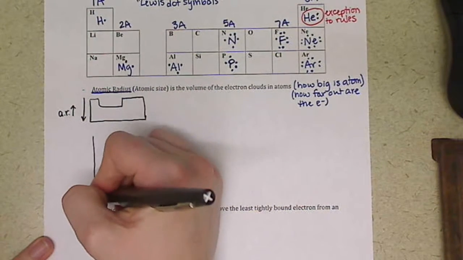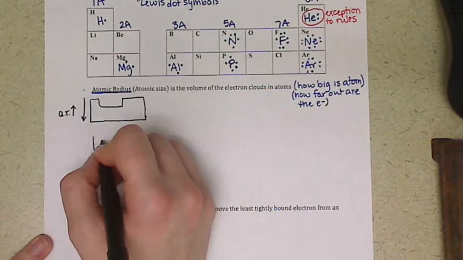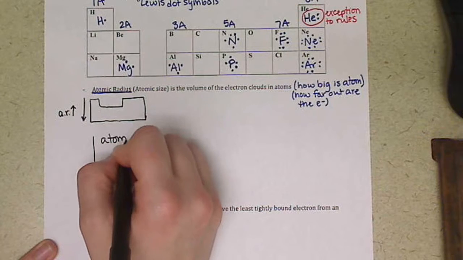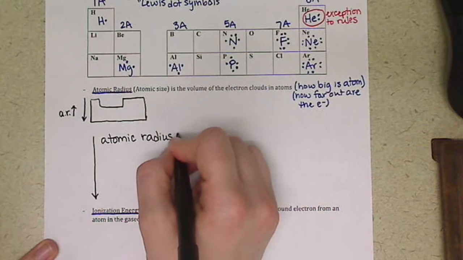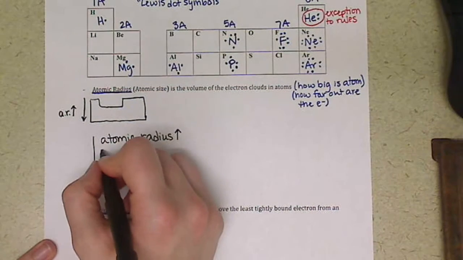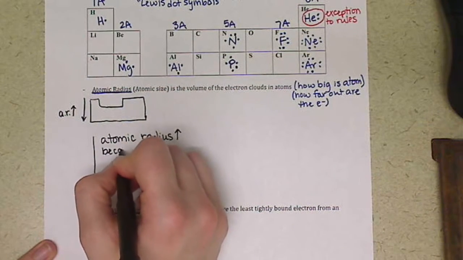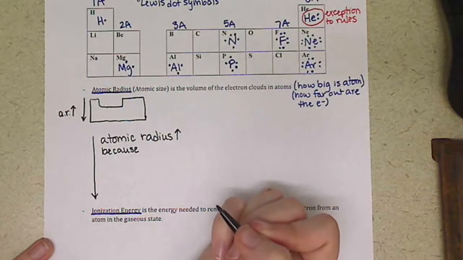So I'll just write that in summary. As we move down the periodic table, our atomic radius is going to increase. And that's because our electrons are in a higher quantum level, so they're further away from the nucleus.